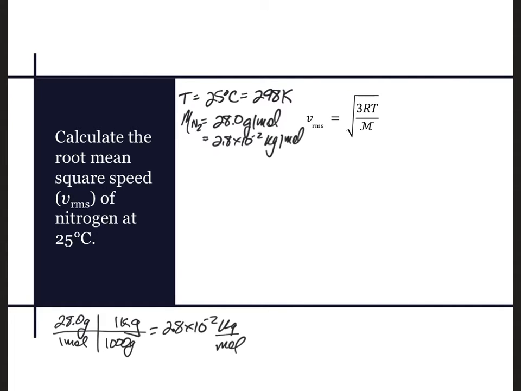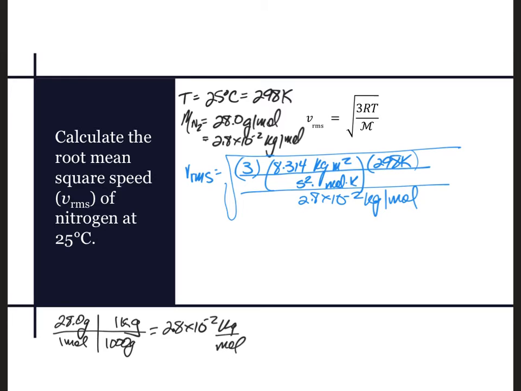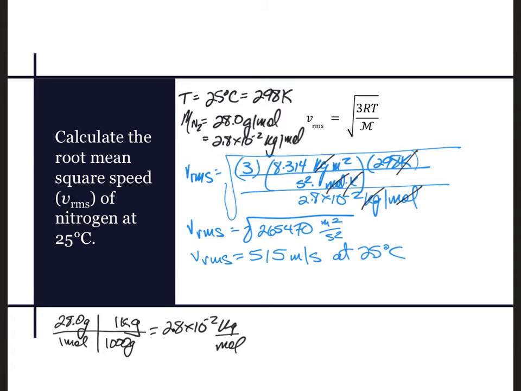Dropping these values into our equation, we get v_rms equals the square root of 3RT over M. v_rms equals 3 times 8.3145 kilogram meter squared per second squared per mole Kelvin times 298 Kelvin divided by 2.8 times 10 to the negative second kilograms per mole. Eventually, we see that nitrogen molecules travel at an average speed of 515 meters per second at 25 degrees Celsius.